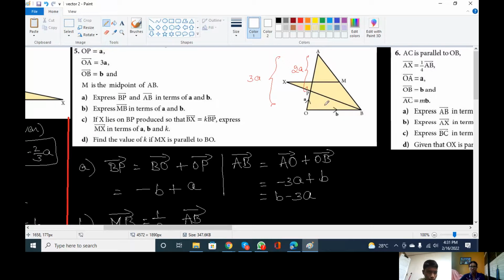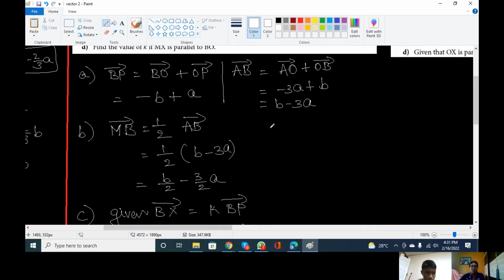It may be more than, half of, one third, or less than. So we don't know how many times it is equal, but they're parallel, not equal. They didn't mention that they are equal. So let's write MX is parallel to BO. If we remove the parallel symbol, we will get one more constant.